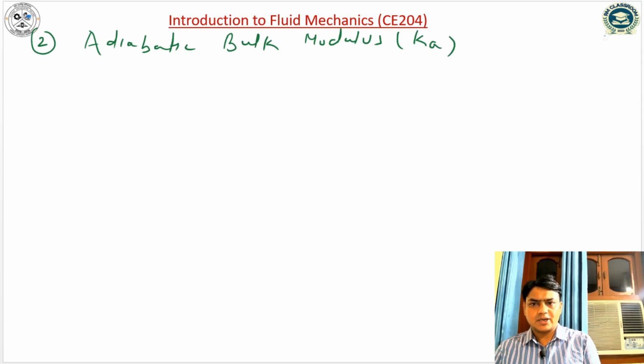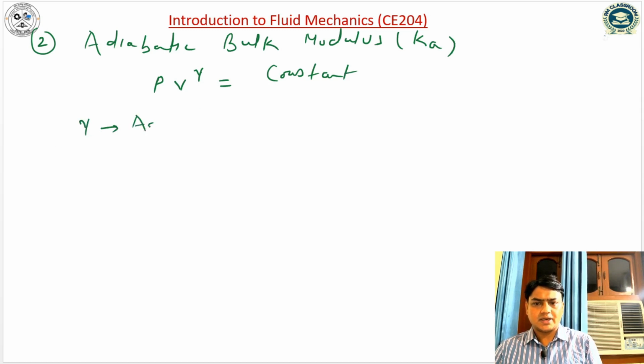So we know the adiabatic equation, that is PV to the power gamma is equal to constant, where P is the pressure, V is the volume, and gamma is the adiabatic index.